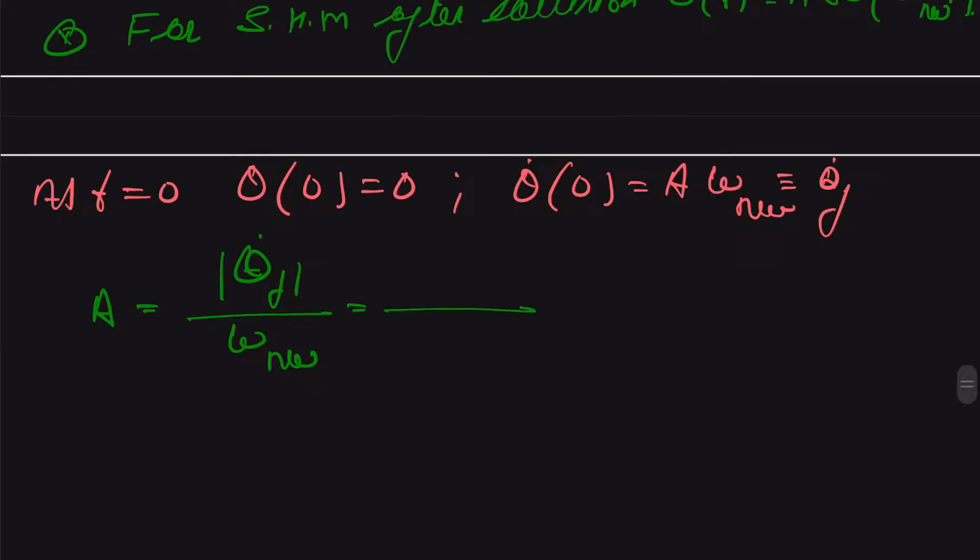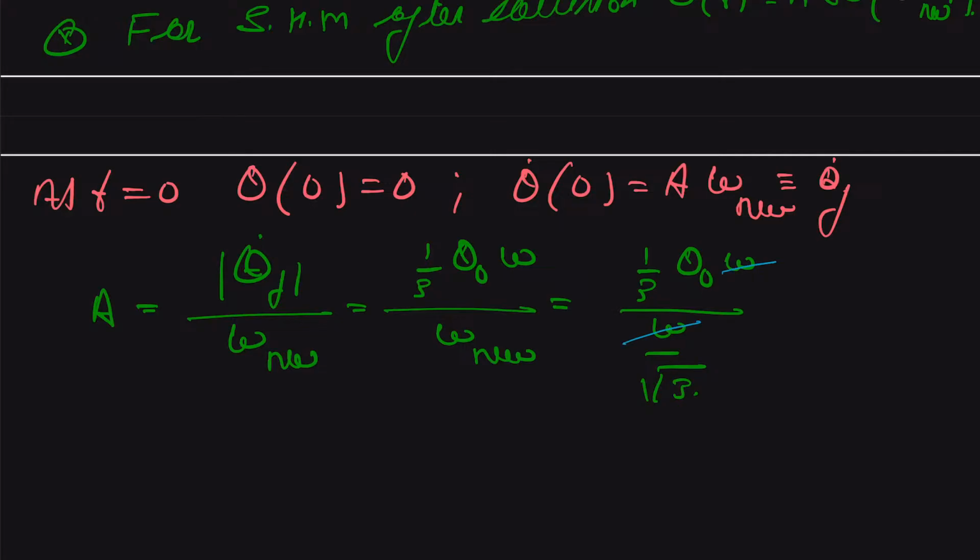So we get 1 by 3 theta naught times omega, divided by omega nu, and we already know the relationship between omega nu and omega, so this gives us 1 by 3 theta naught omega over omega upon square root of 3.